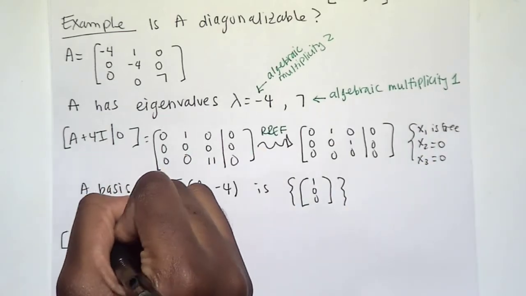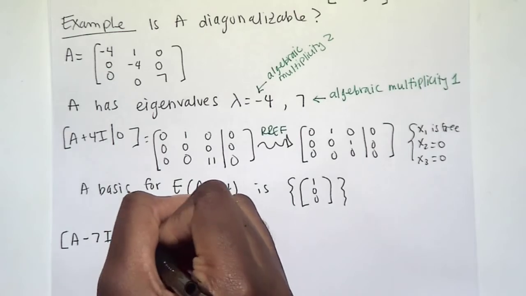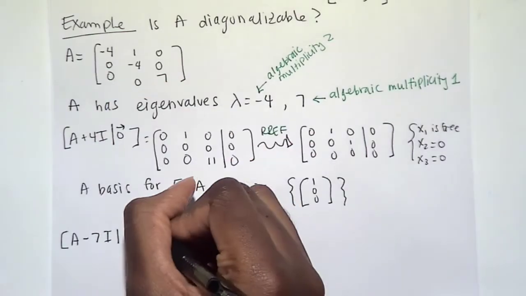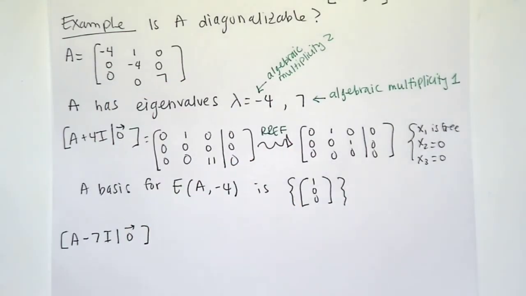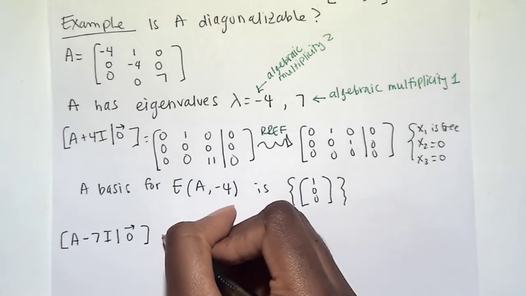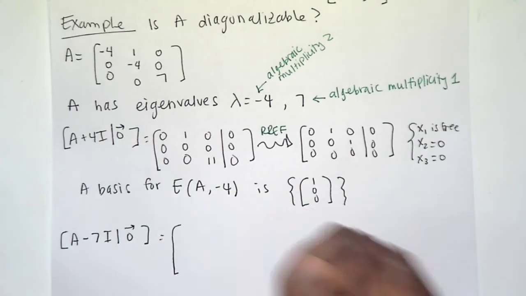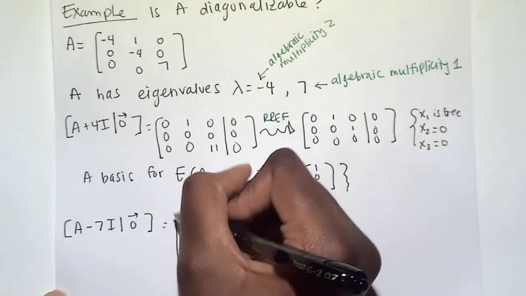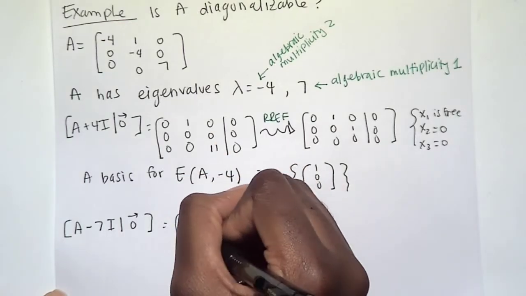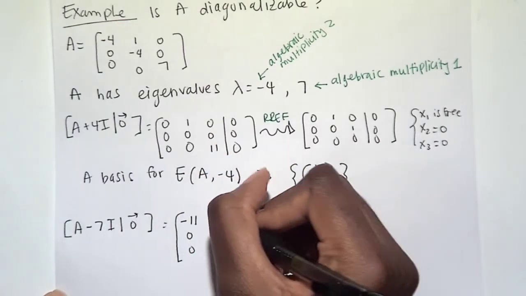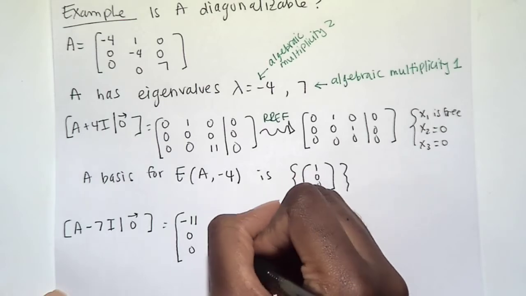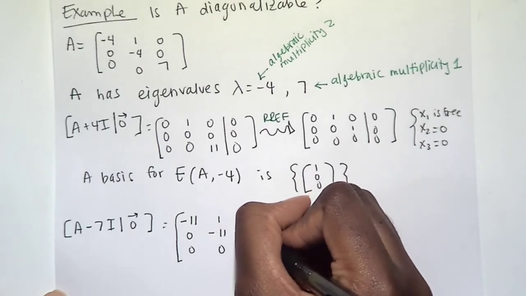So A minus 7I, 0 on the other side. Down my columns, that's going to give me -11, 0, 0, 1, -11, 0, and 0, 0, 0.